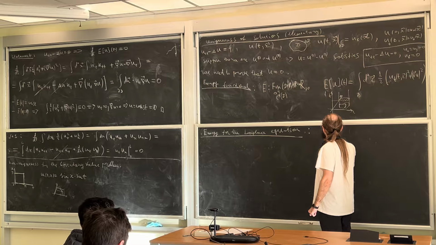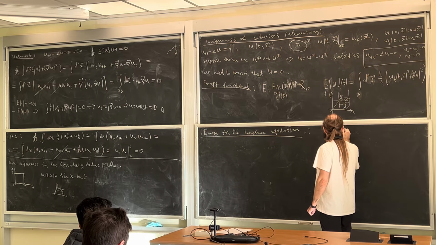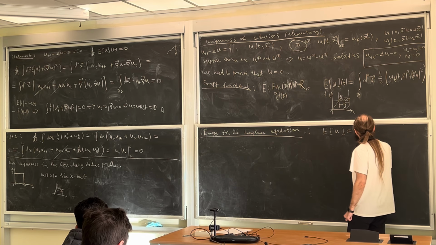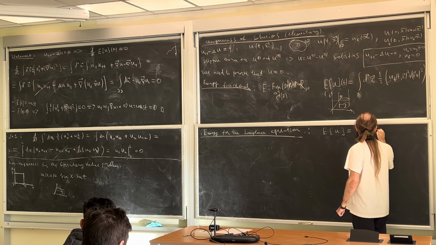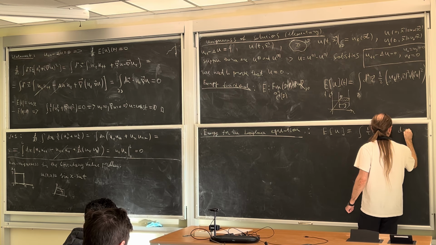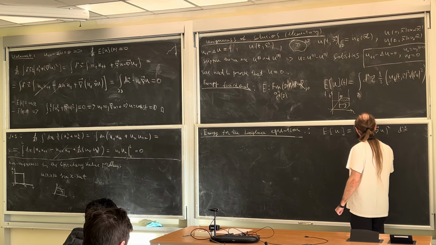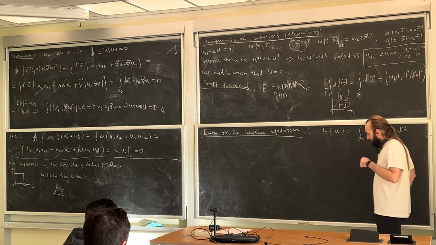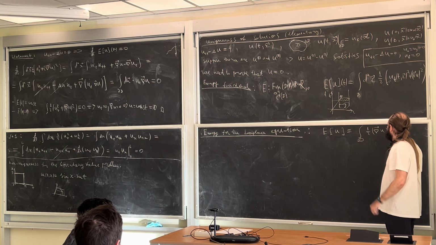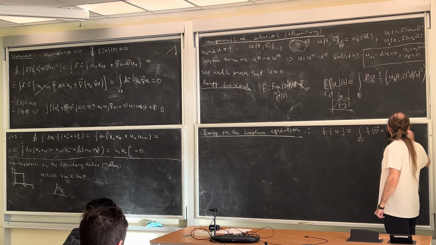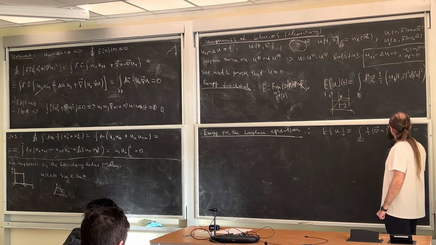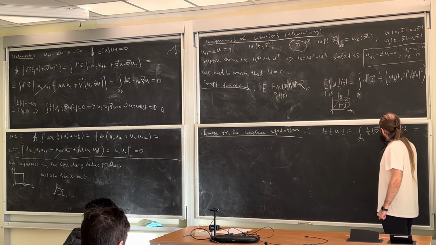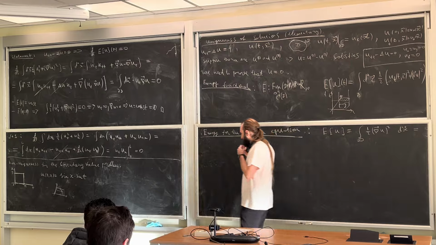So we can simply consider E of u defined as the integral of 1/2 gradient of u squared dnx over this domain. And what we can do here is again integration by parts.